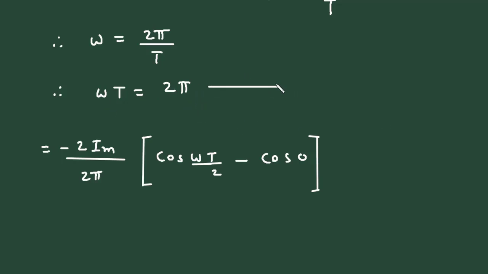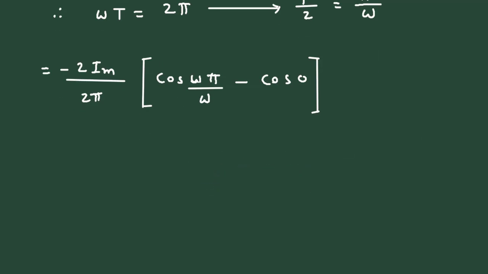Here we can write T upon 2 is equal to pi upon omega. So let's put it here. In place of this T upon 2, we can write pi upon omega.